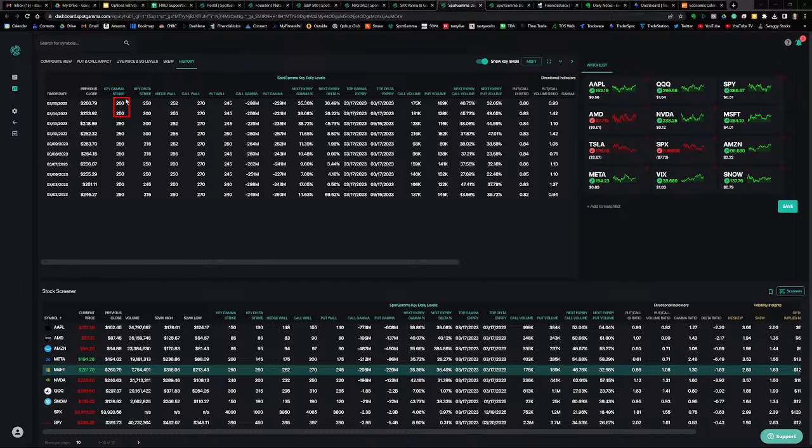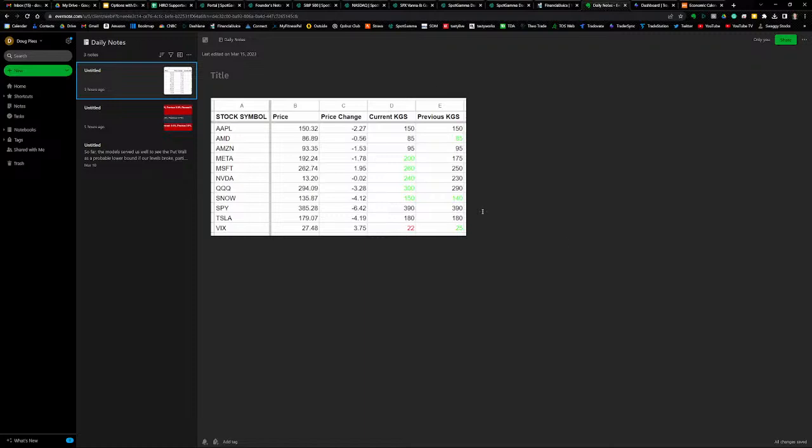So anyway, I interpret this as somewhat bullish, and especially seeing all of these levels for these large cap tech stocks increase from the previous day.